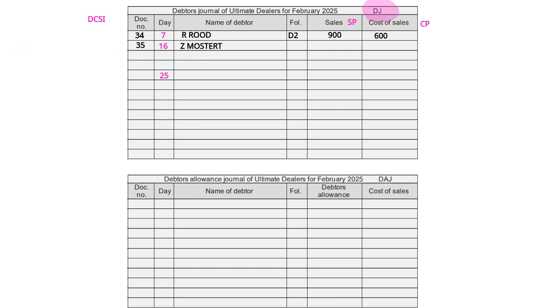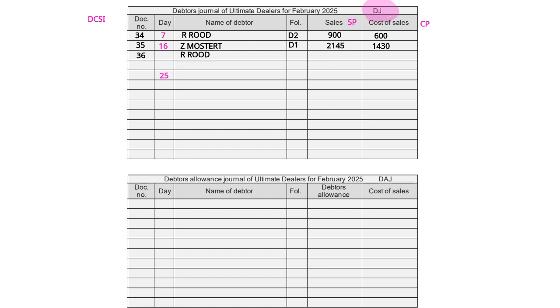First debtor is Z Mustard, debtor 1, 2145. Then we're going to say 2145 times 100 over 150, and we get 1430. Our next debtor is R. Ruud. So now it's number 36.